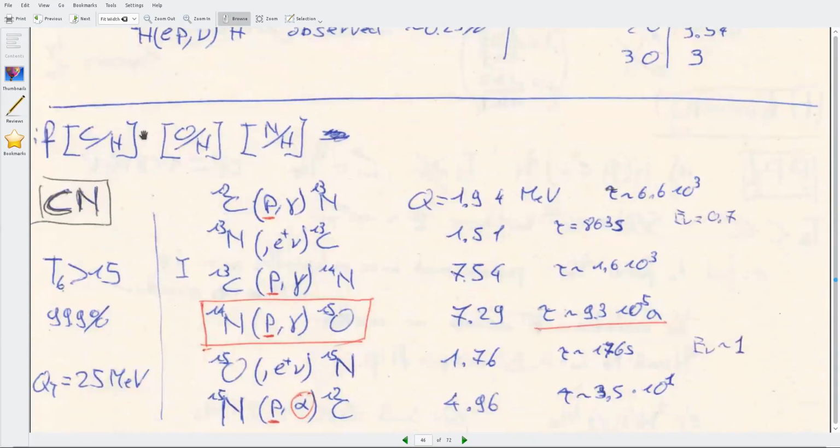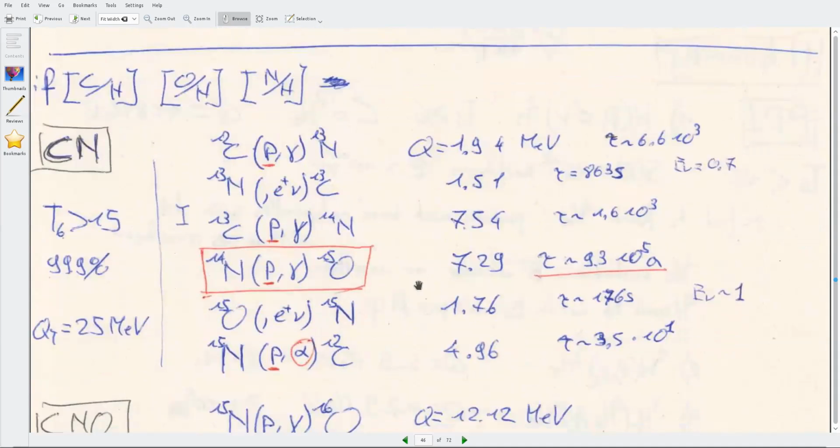If there is presence of carbon or oxygen or nitrogen, you can have a CN cycle. This is usually really efficient above 15 million degrees, and this is the main reaction used when the stars are massive enough, usually higher than 2 solar masses.